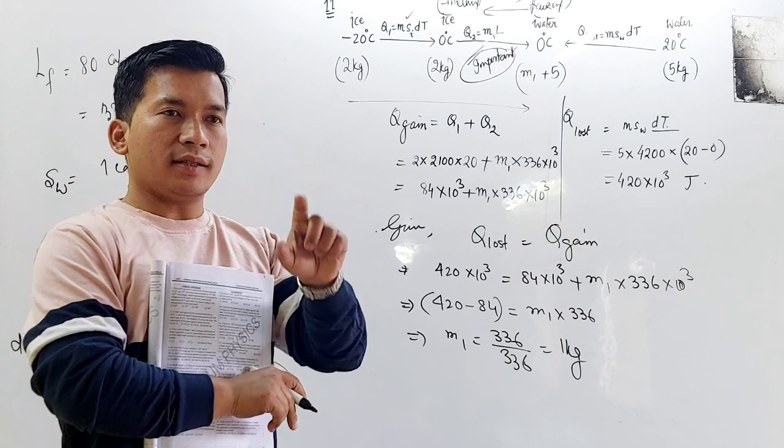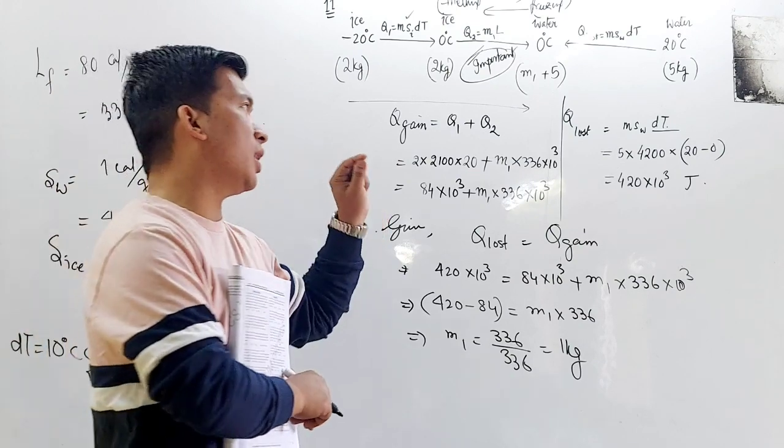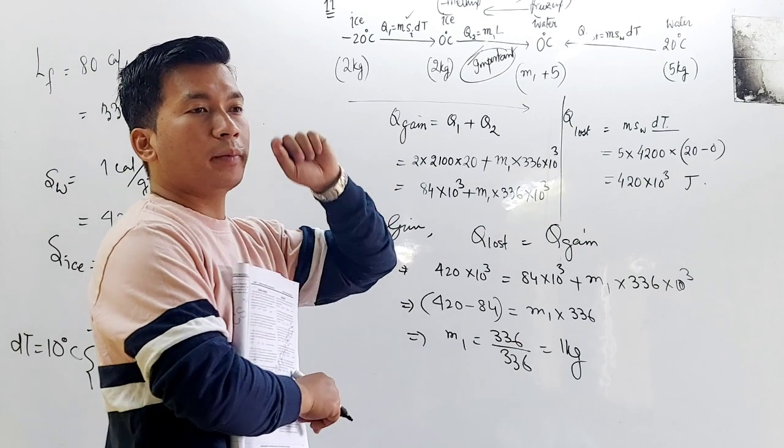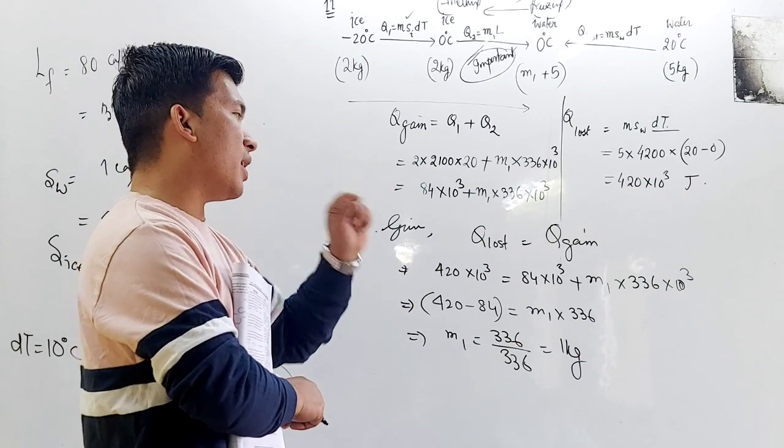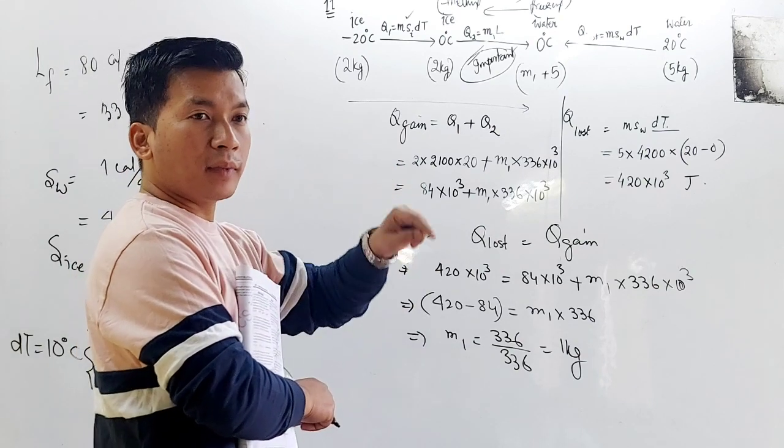Out of this 2 kg, only 1 kg of ice will be melted and there will be 1 kg of ice left unmelted.